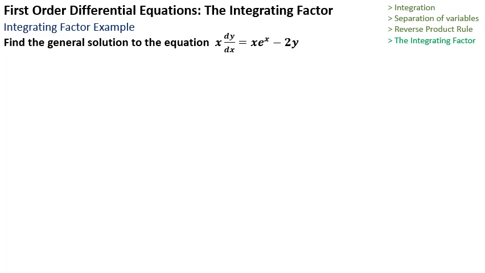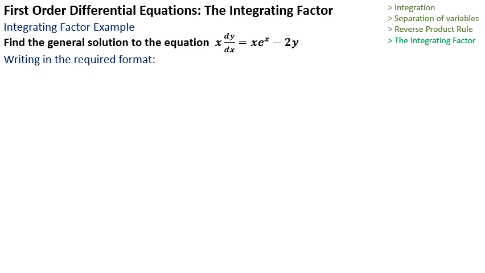So we need either to use reverse product rule, if we can see something quick and easy that will do that for us, or apply the integrating factor technique, which will give us the reverse product rule format that we need. It'll take the hard work and clever thinking out of it for us, essentially, and let us deal with it directly, regardless of what those functions happen to be.